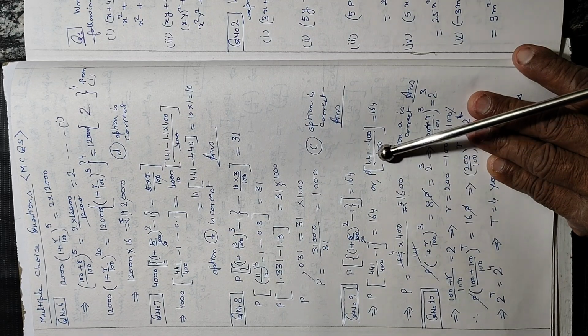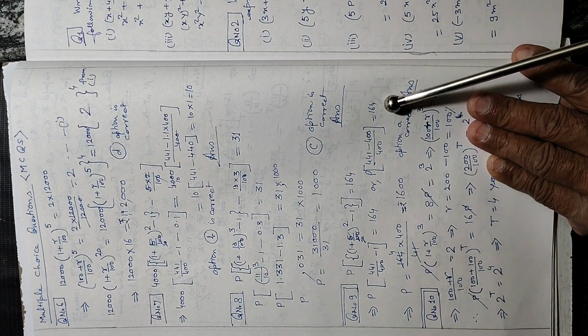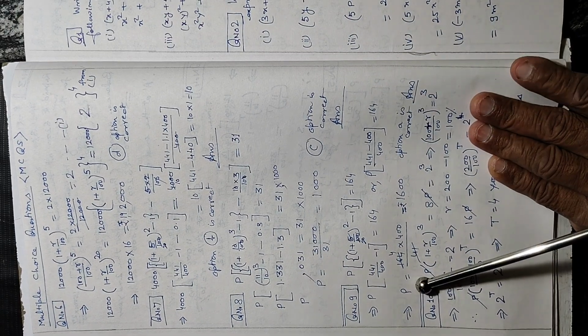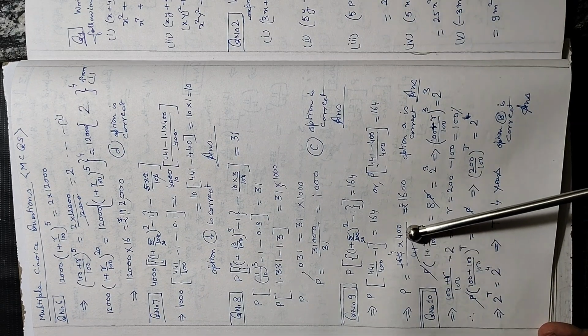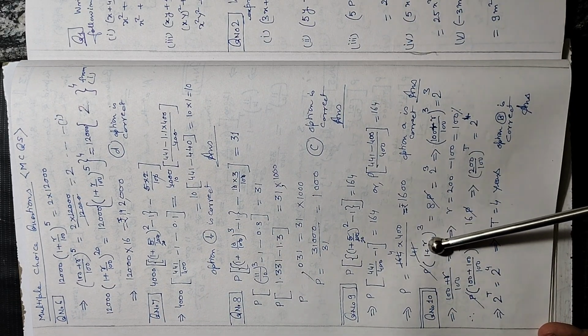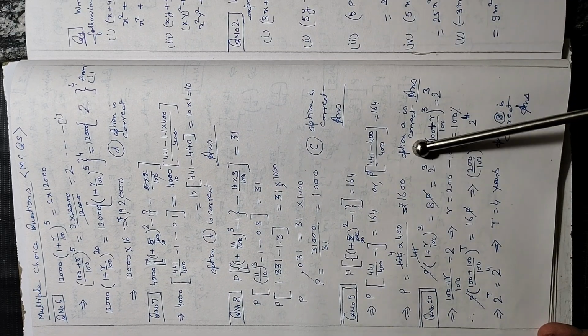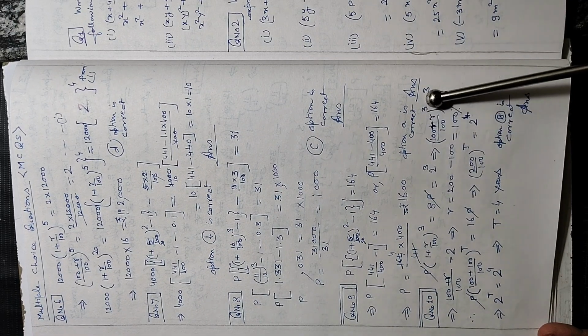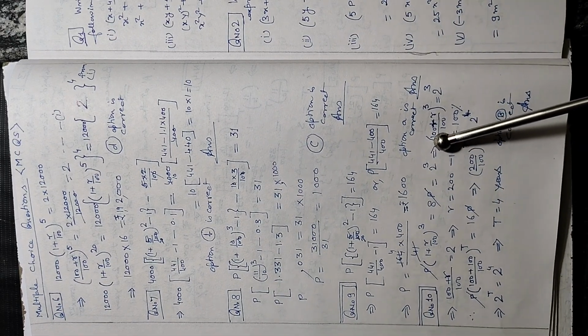P into 441 minus 400 upon 400 is equal to 164. Therefore the principal P will be equal to 164 into 400 upon 41. It will be equal to 1600. So the option A is the correct answer.